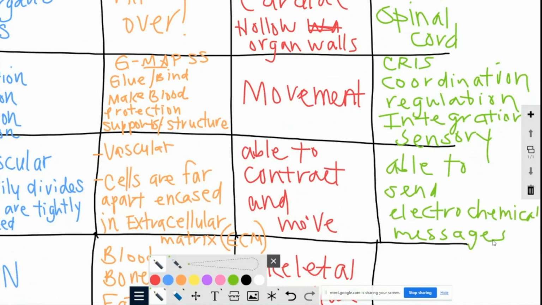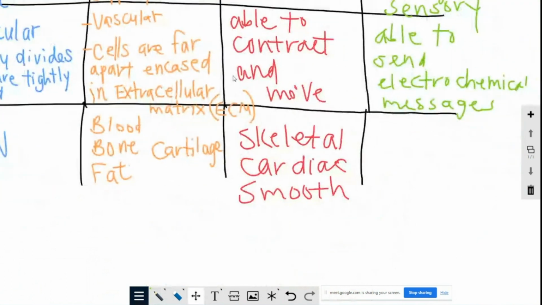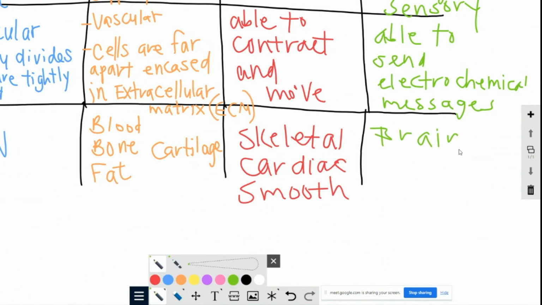The characteristic of the nervous tissue is that it has the ability to send electrochemical messages. And that's actually its means of regulating and coordinating the body. It's what you do when you sense something and then integrate it. And then finally, the examples are the brain, the spinal cord, and the nerves.